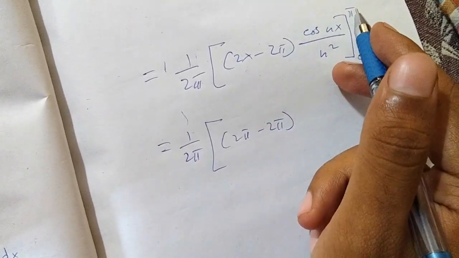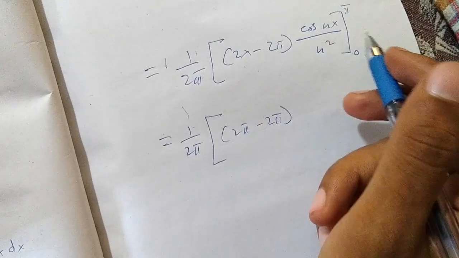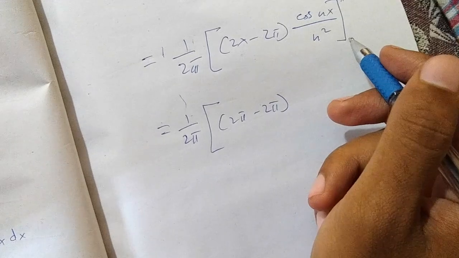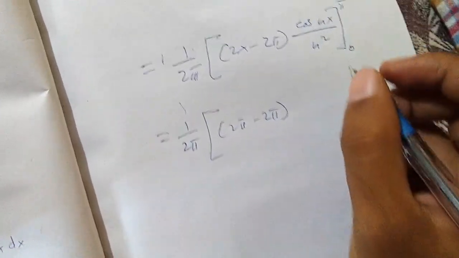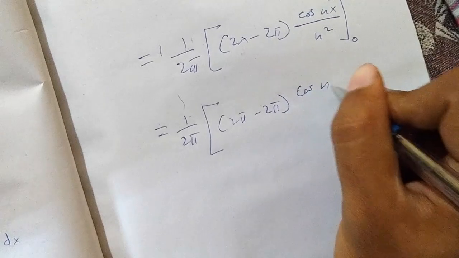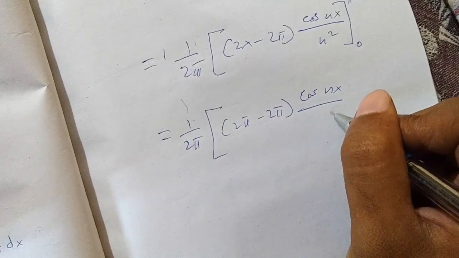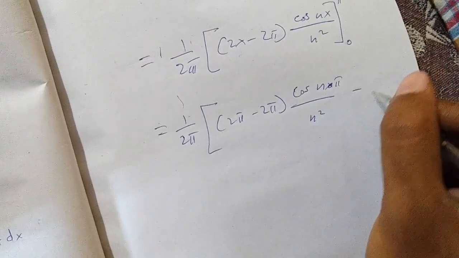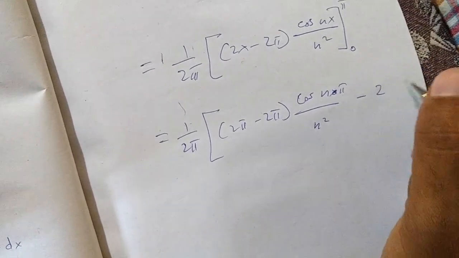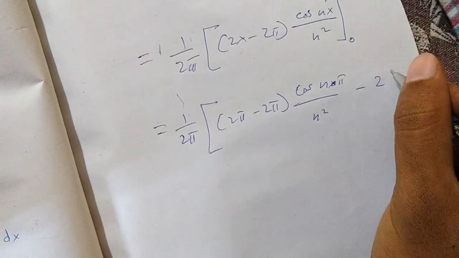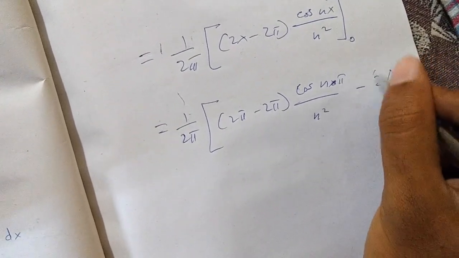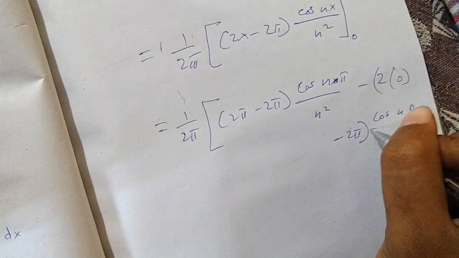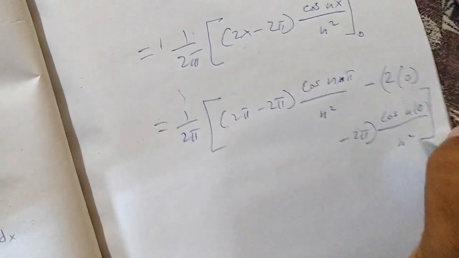First we apply pi for the x, and subtract from that 0 applied to the x: cos n pi by n squared minus 2 times 0 minus 2 pi cos n of 0 by n squared.